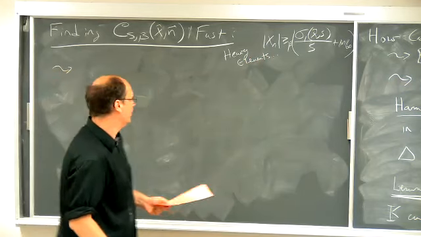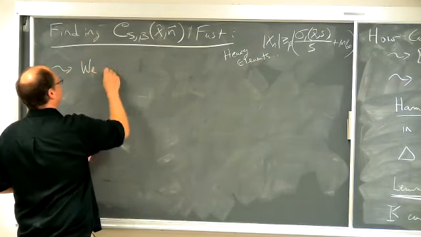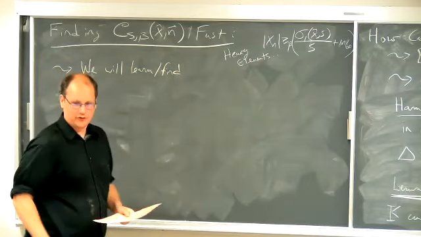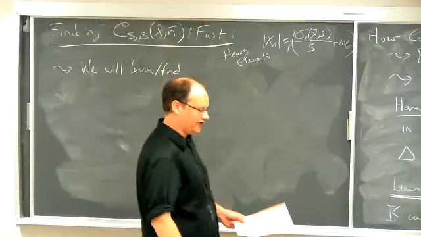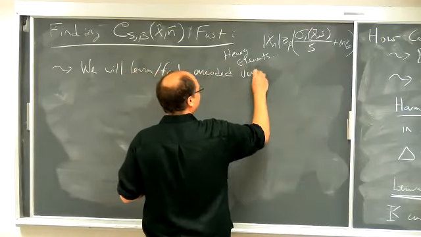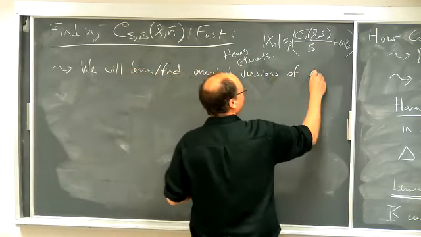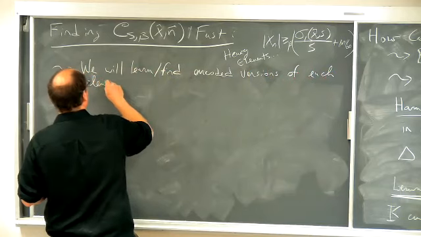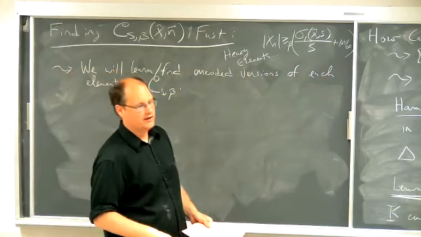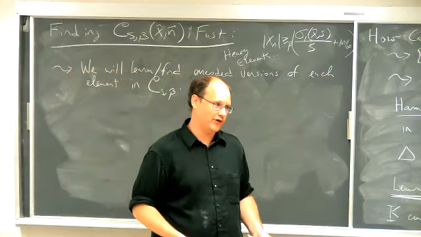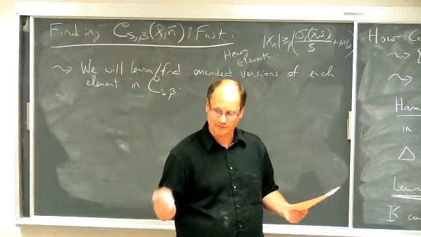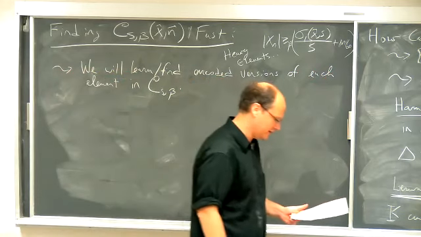We are going to learn, or find, I guess is probably a more accurate way of saying it, encoded versions of each element in this heavy set of elements. In fact, we're not going to be able to do that perfectly. So what we're really going to do is learn a small superset that we then have to show is not too much bigger than this set. And that's what we'll be able to guarantee.